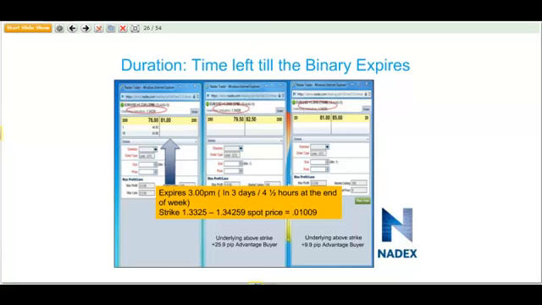That's the end of the week, and as it turns out, 3 days, 4.5 hours, and that's almost 101 pips of advantage. So essentially you are putting up $81 to make 19, but right now you have that intrinsic value. It's already over to your advantage, 101 pips. So it's a choice. Okay, time.